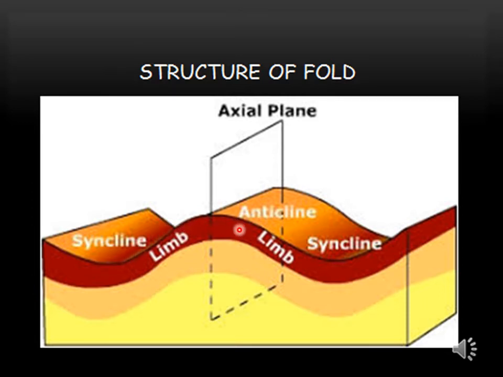The area that bends upwards is the anticline, and both the sides are called limbs. There are compressional forces exerted from this side and from this side. This is the axial plane, which is like an axis, an imaginary line, just to tell you about this point of the anticline.